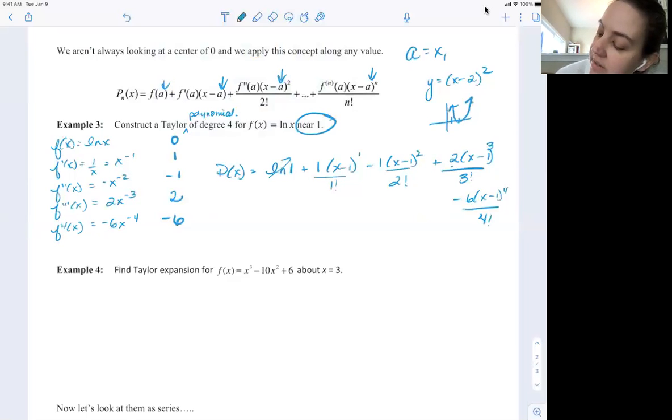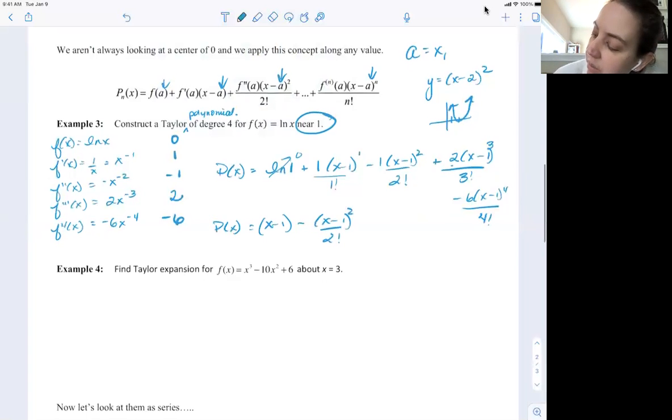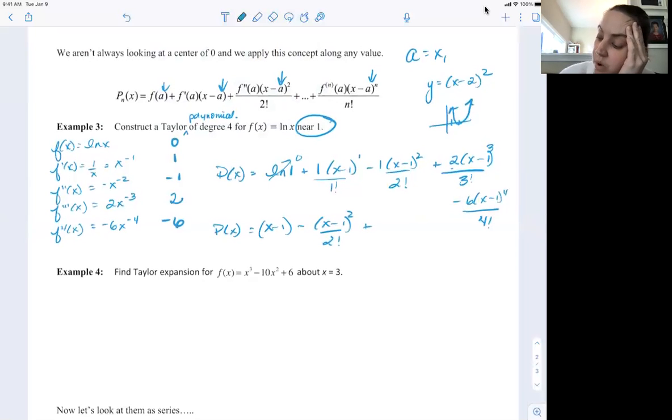So natural log of 1 is 0. My polynomial is x minus 1 minus x minus 1 squared over 2 factorial plus 2 over 3 factorial. So 3 factorial is 6. So 2 over 6 is 1/3.